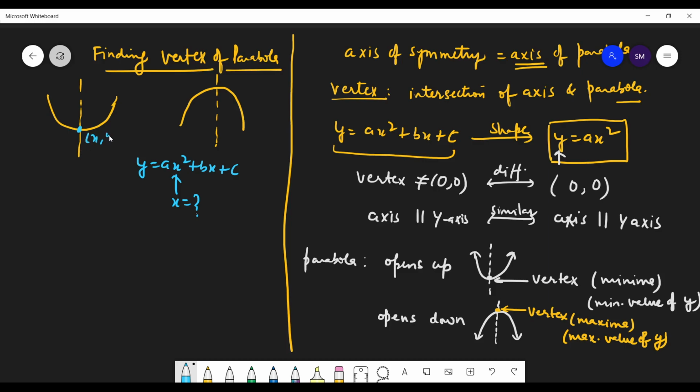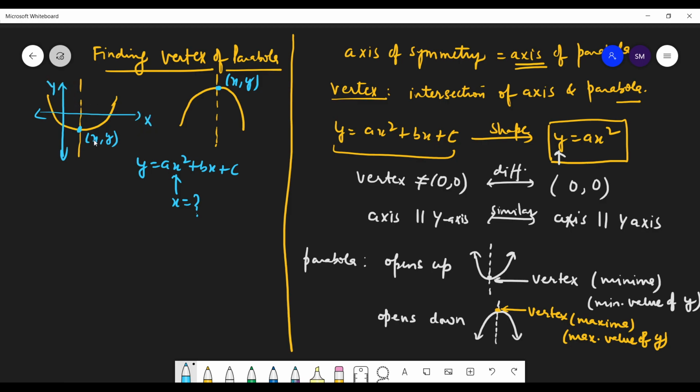What is this coordinate? (x, y). What is the equation of this axis of symmetry? Suppose that's your x-axis and that's your y-axis.